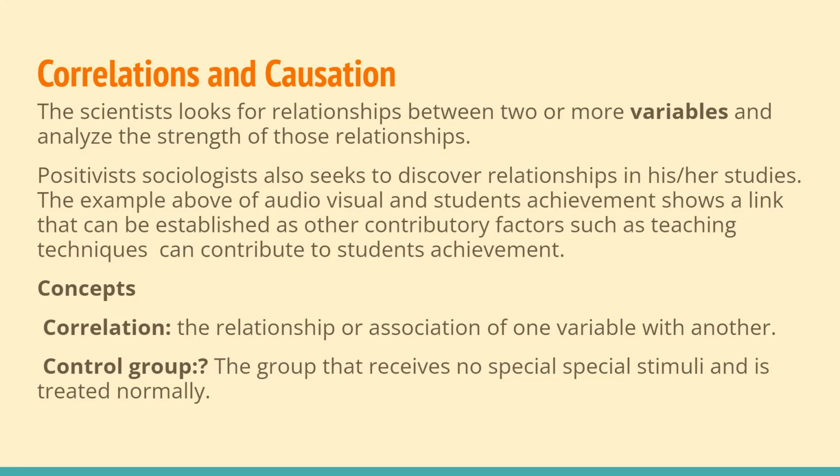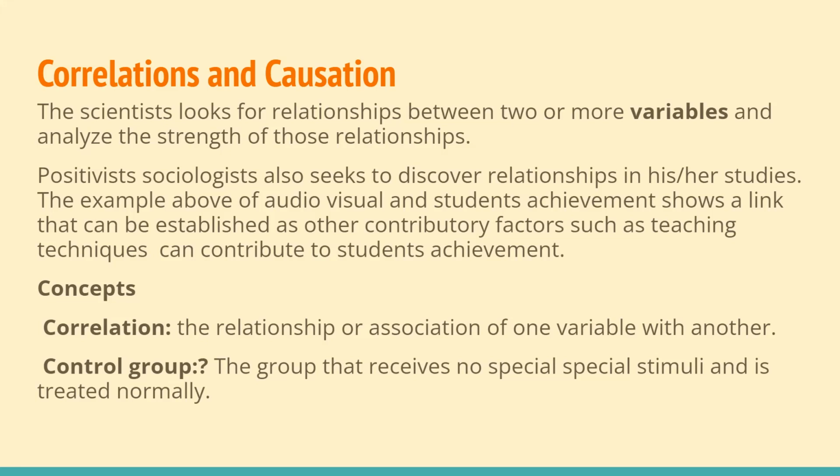The example that we used of audiovisual material and students' achievement shows a link that can be established, as other contributory factors, such as teaching technique, can contribute to students' achievement.